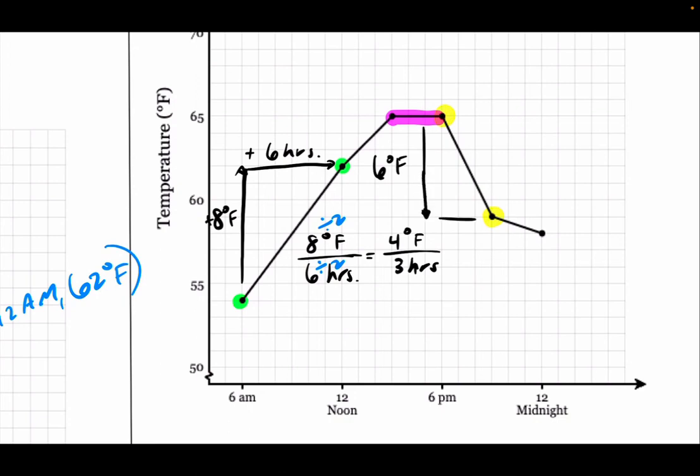How much do I go over? So I went down 6, and I went over 1 to 3 hours, right? So again, I have 6 degrees Fahrenheit divided by 3 hours.